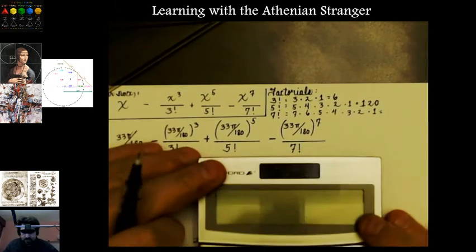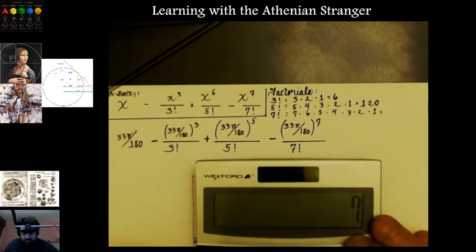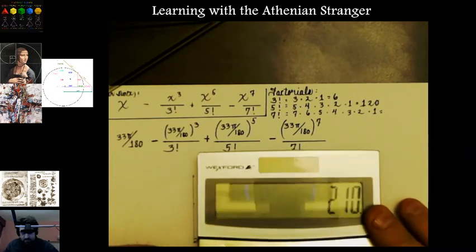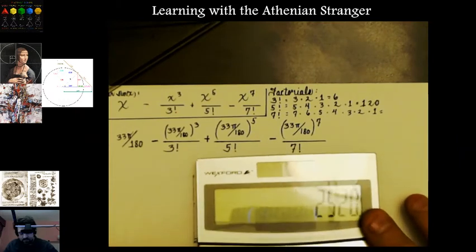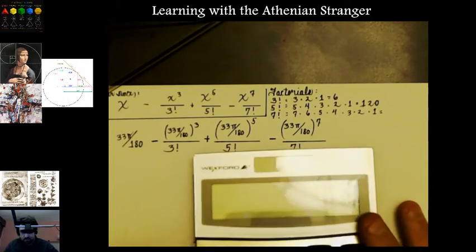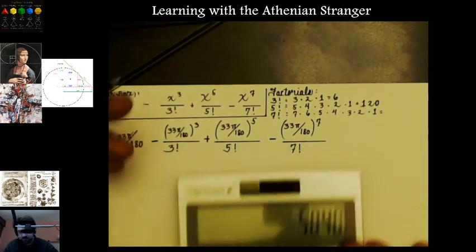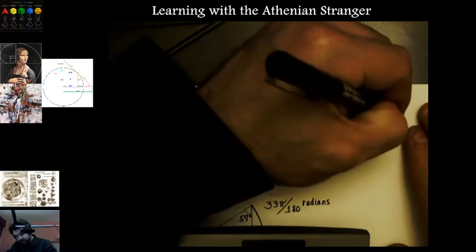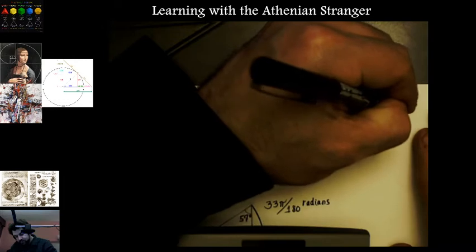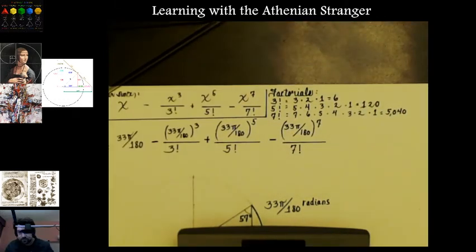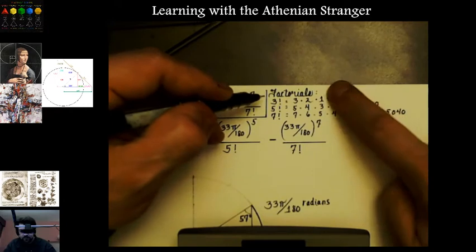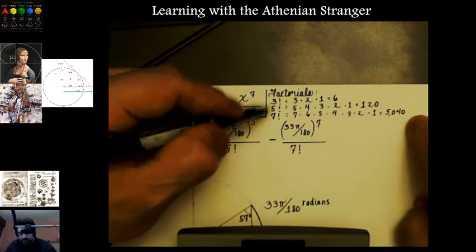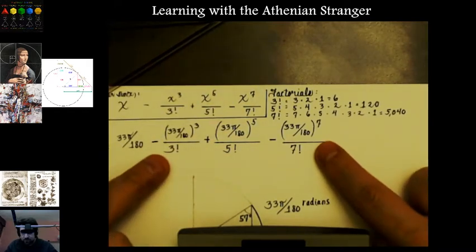So let's just do it on the calculator. 7 times 6 times 5 times 4 times 3 times 2 times 1 is 5,040. So 3 factorial is 6, 5 factorial is 120, 7 factorial is 5,040. So those are the denominators.